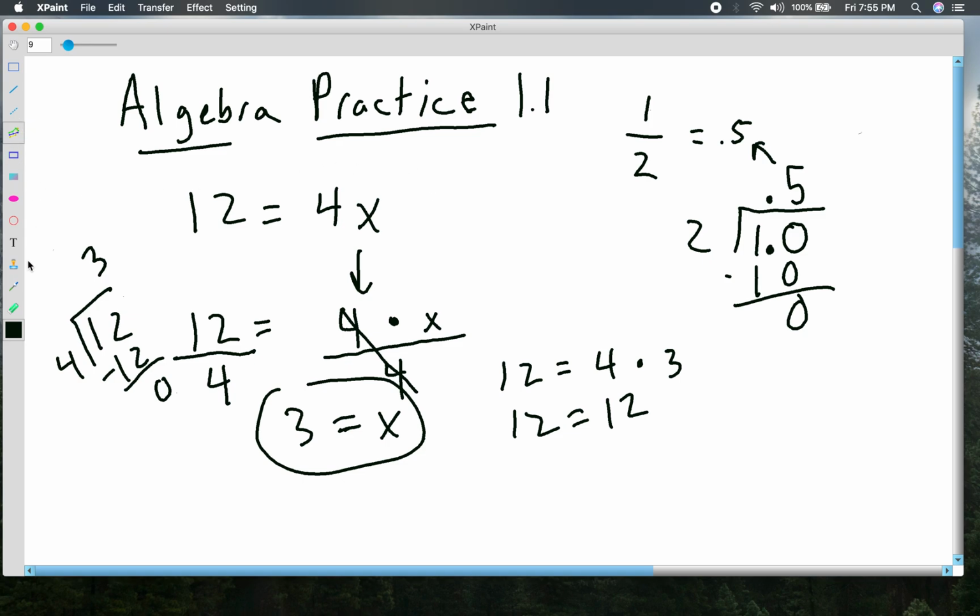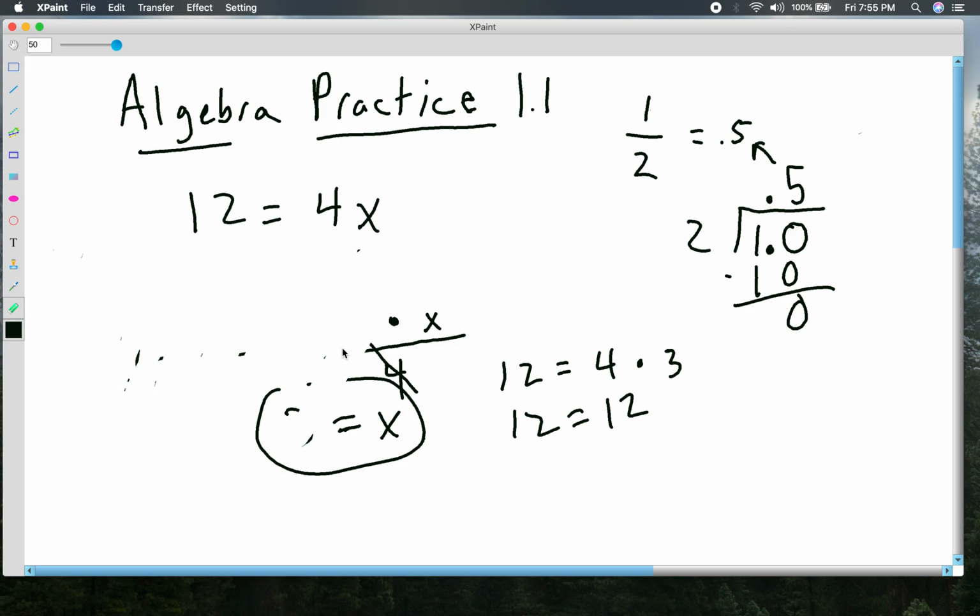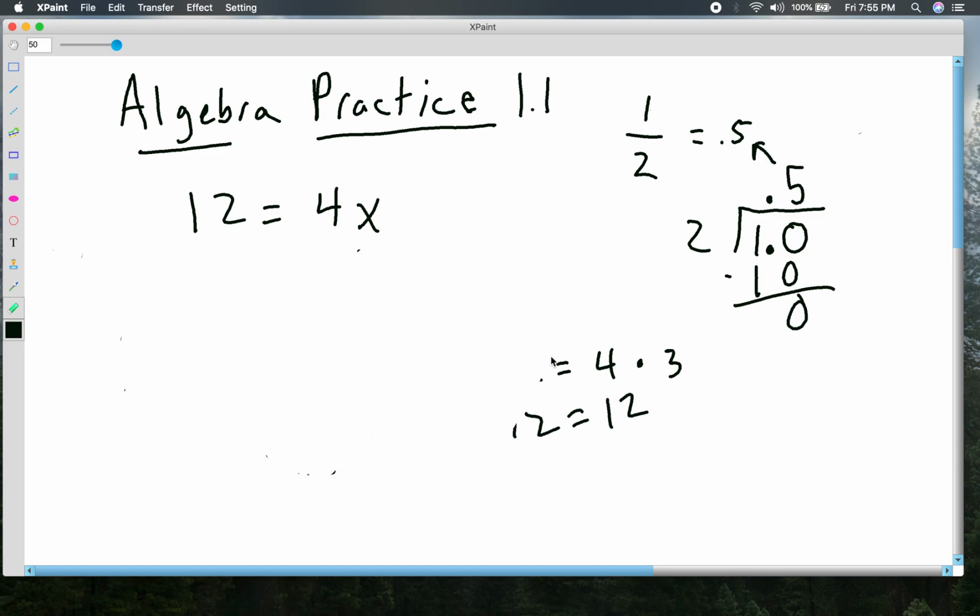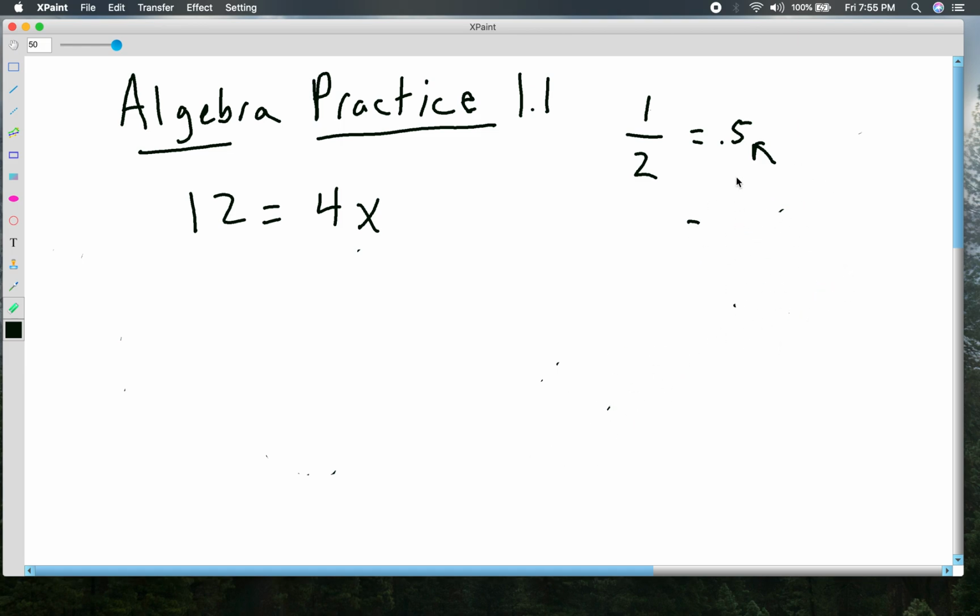That absolutely works. And remember, what I'm about to do, just be mindful. I'm going to repeat this point, and it may seem silly, but it's a very important point that sometimes I think we forget in math. So what you have to do is realize that 12 equals 4x is the same as 4x equals 12.